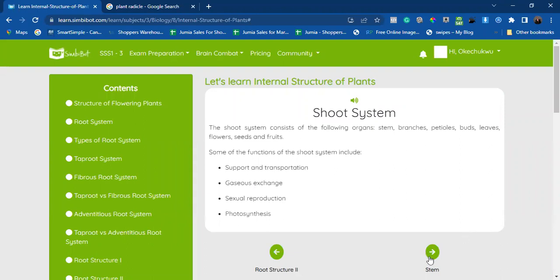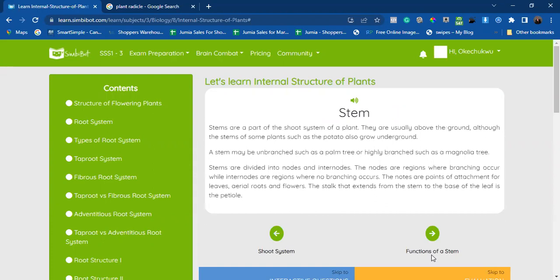So let's look at the stem. The stem is a part of the shoot system. It is not the shoot system alone, it is part of it. On its own, it does not make up the shoot system, but it is part of it.